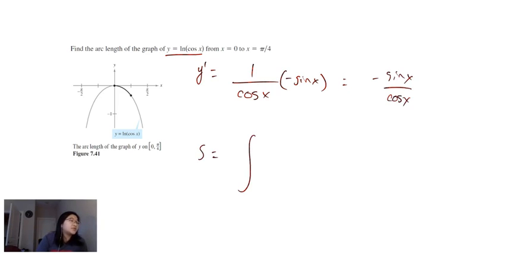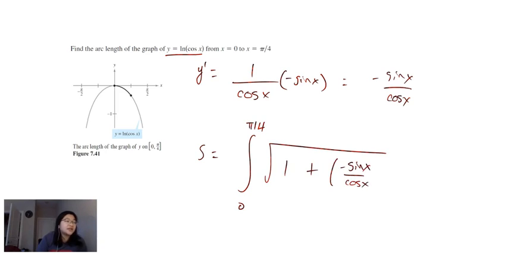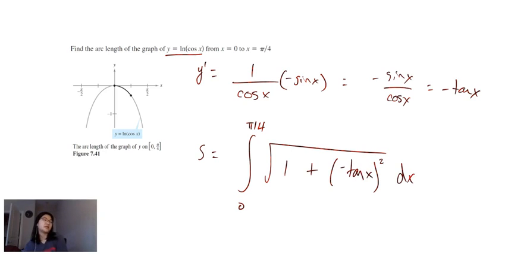Well, s equals integral from 0 to pi over 4 of square root of 1 plus (negative sine x over cosine x) squared. Isn't that tangent? Negative tangent? So we got negative tangent squared dx, and we can find that.